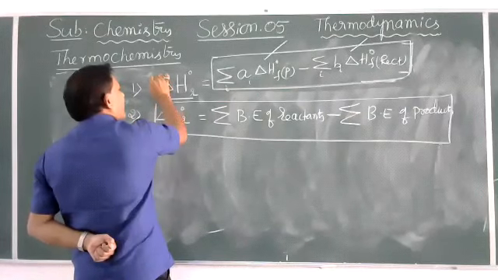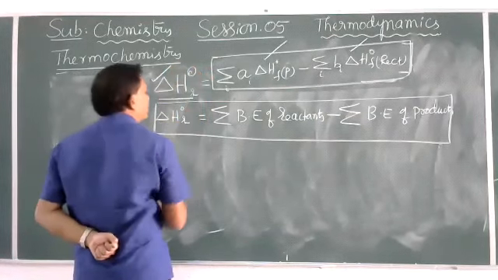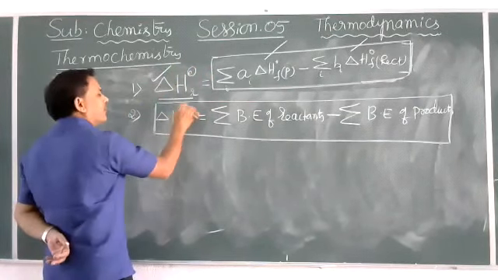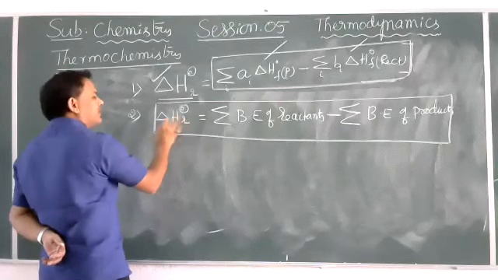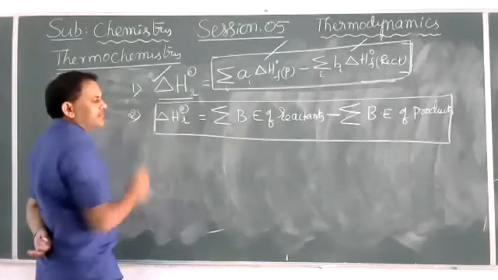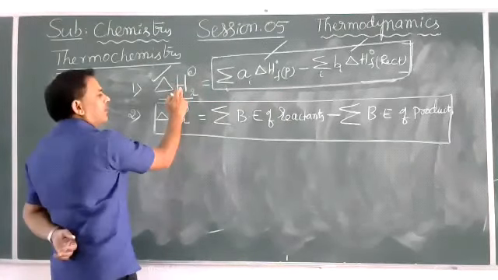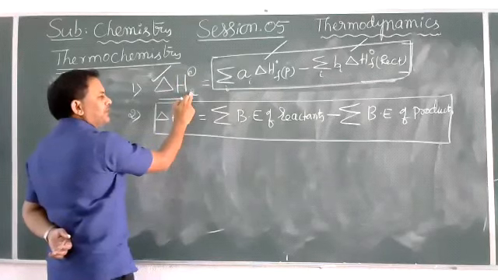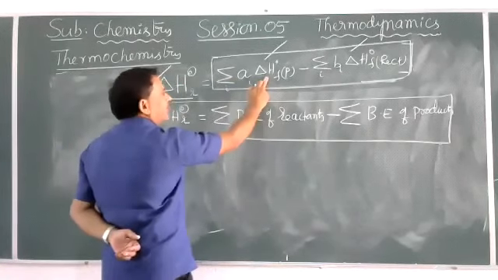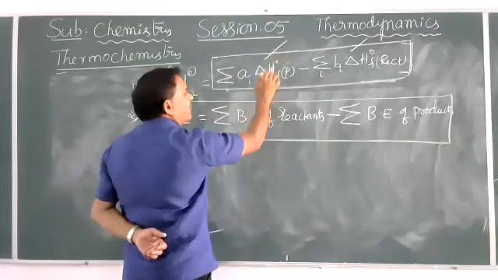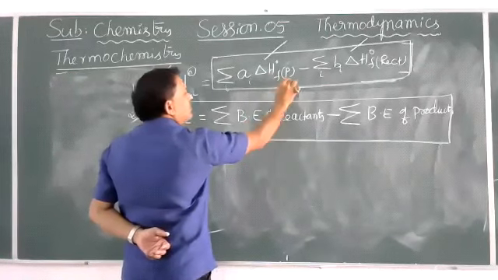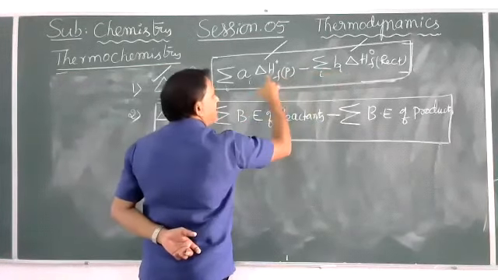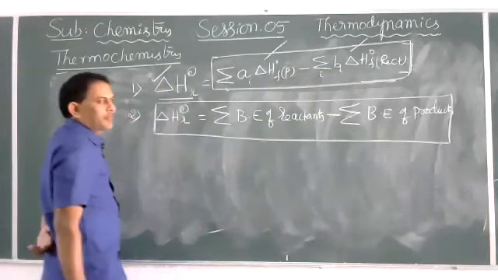Here, enthalpy of formation under standard condition and enthalpy of reaction under standard condition are both the same. But for the standard enthalpy of reaction, if they give the enthalpy of formation for all different types of reactions, we can use product minus reactant enthalpy of formation.